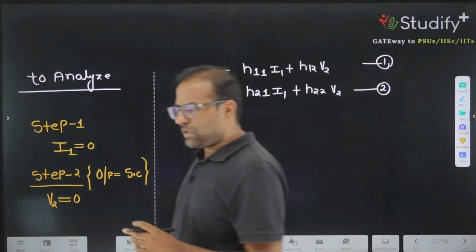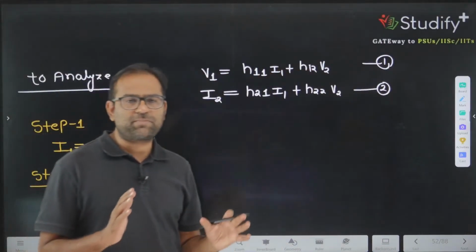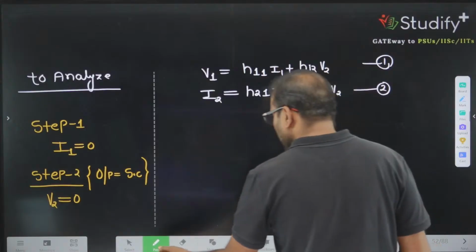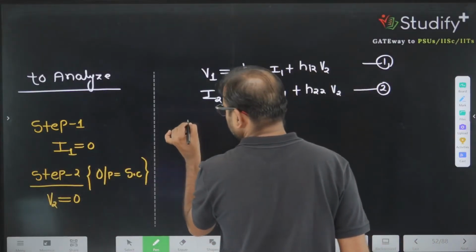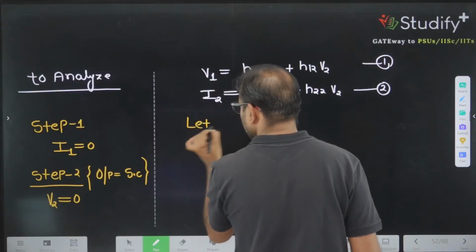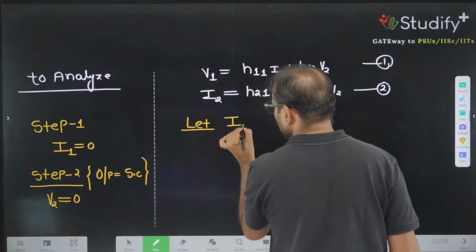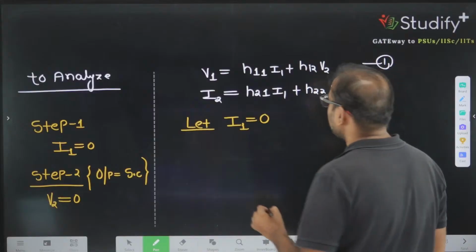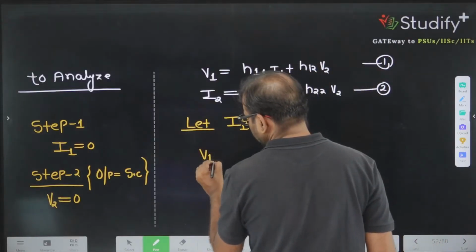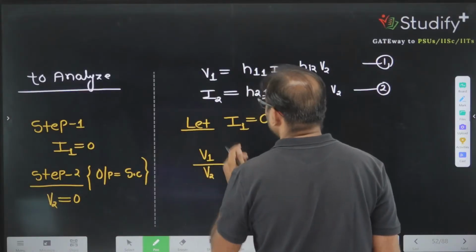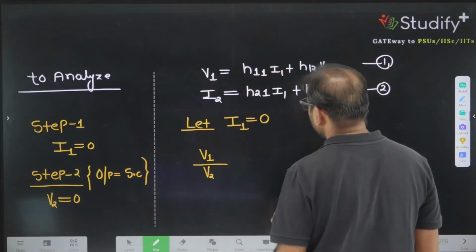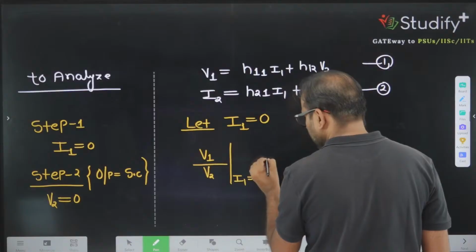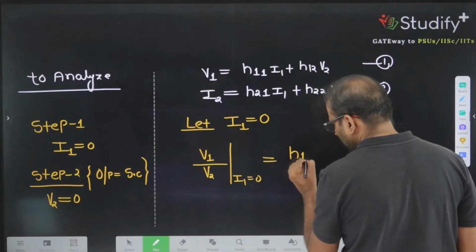So we can calculate two parameters by replacing the input with an open circuit, or you can say by making I1 equal to 0. I1 equal to 0 means the input port is open circuited, which means we can calculate the V1 divided by V2 ratio.